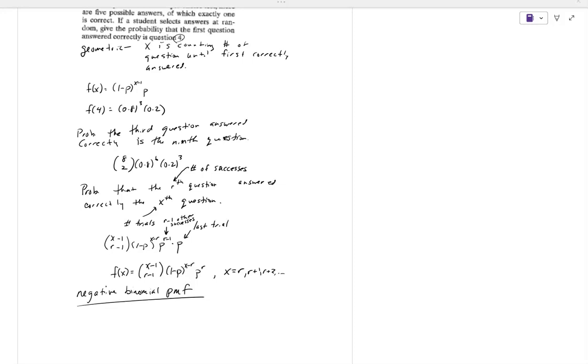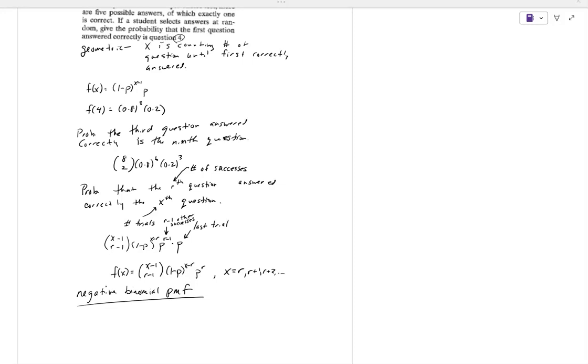So, all right. Anyway, last time we were talking about the negative binomial PMF. It's kind of related to the geometric. We've got lots of different problems that start with the same setup: you've got successes and failures. For example, binomial counts the number of successes in a certain number of trials.